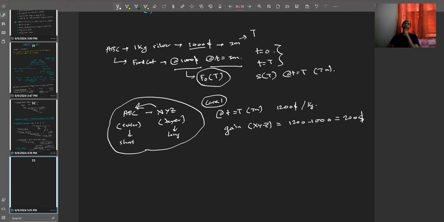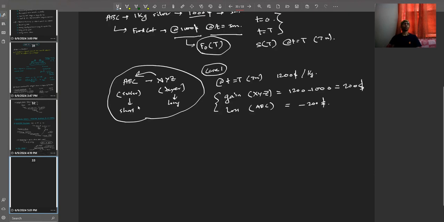Now he bought it at 1000, so he made a gain of $200. And the loss to the seller, loss to ABC, is equal to minus $200. Because if he had sold in the market, he would have sold it at 1200. Now he has to sell it at 1000 because this is a forward commitment. He cannot back out. So he will take a loss of minus $200. So this is case 1, right?